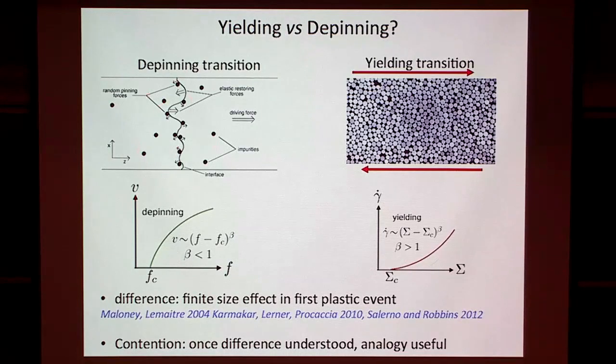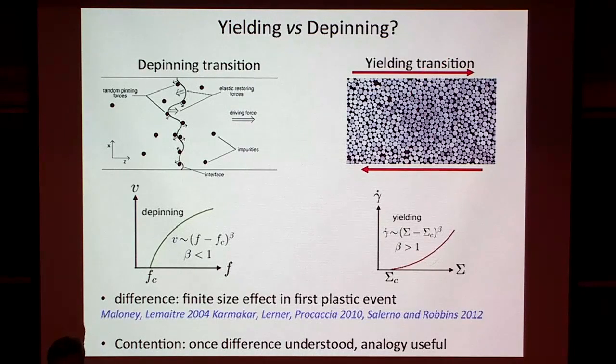In the depinning problem you find something very natural: if you have a line that's twice longer, so the system is twice larger, the rate at which you trigger avalanches is also twice larger. It turns out that for this problem, it's not the case. If you look at a system that's twice bigger than a smaller system, the rate at which you trigger plasticity is not twice larger than what happens in the smaller system.